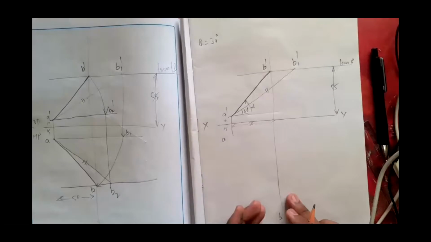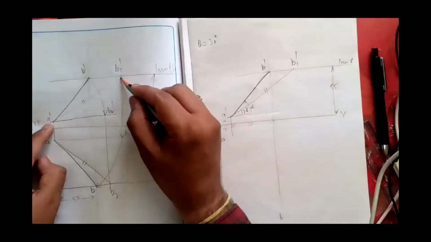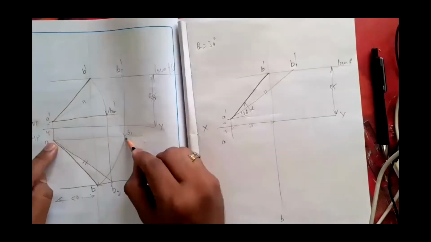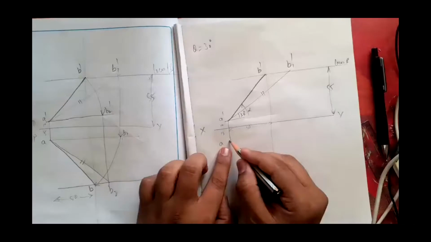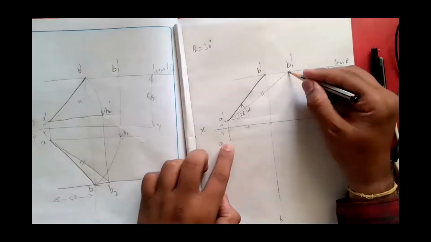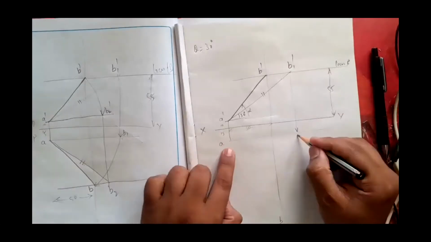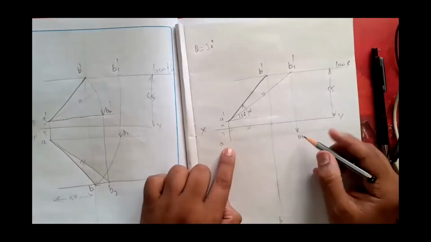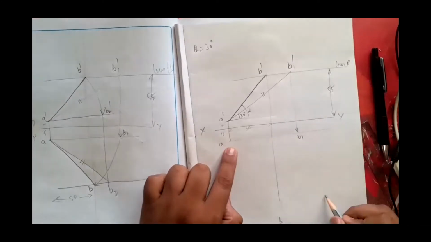See this true length A B1 dash, I am projecting it downwards and then rotating it towards the DEP line. The true length will be projected towards A and I will get A B1. A B1 is the top view. But B locus, I don't know at what distance in front of it is, but I know DEP.